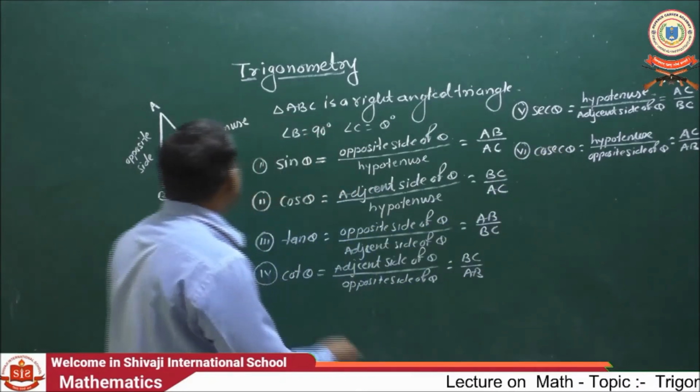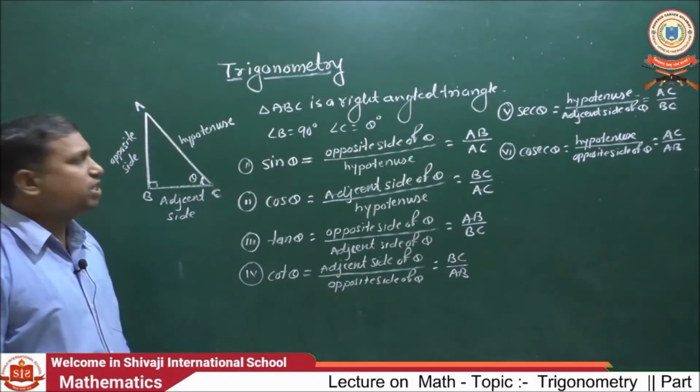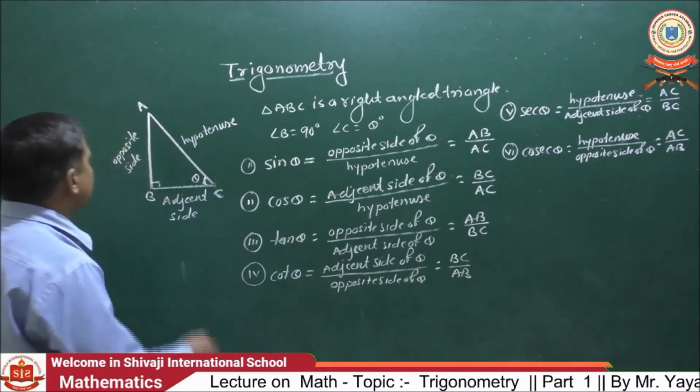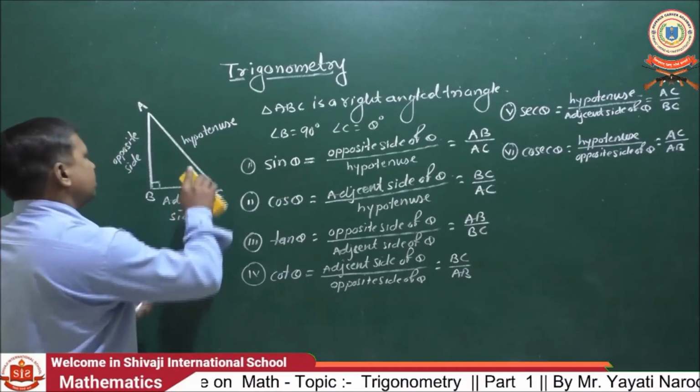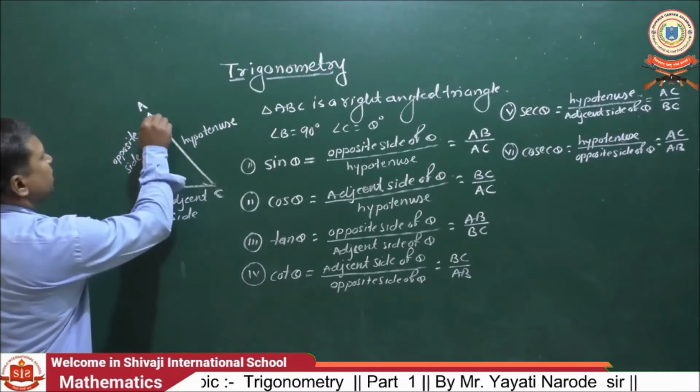Here angle C is theta. If we change the angle theta, then these ratios also change. For example, suppose angle A is theta.